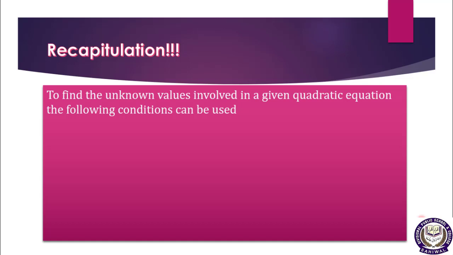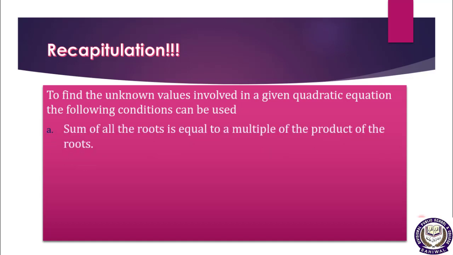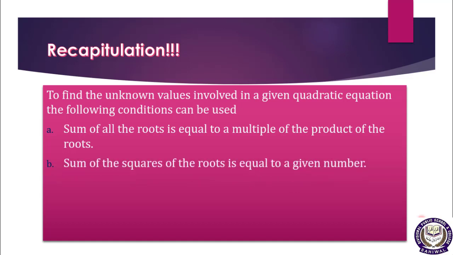To find the unknown values involved in a given quadratic equation, the following conditions can be used. The first one is when the sum of the roots is equal to a multiple of the product of the roots. The second case is when the sum of the squares of the roots is equal to a given number.